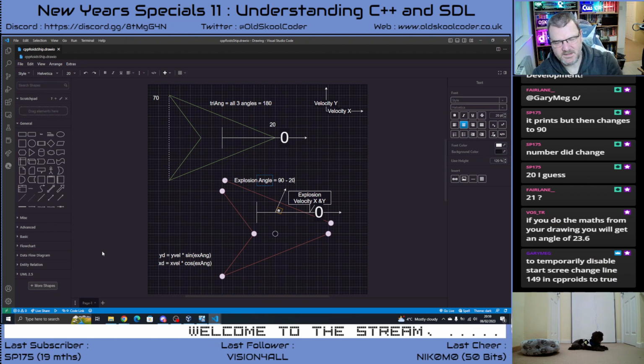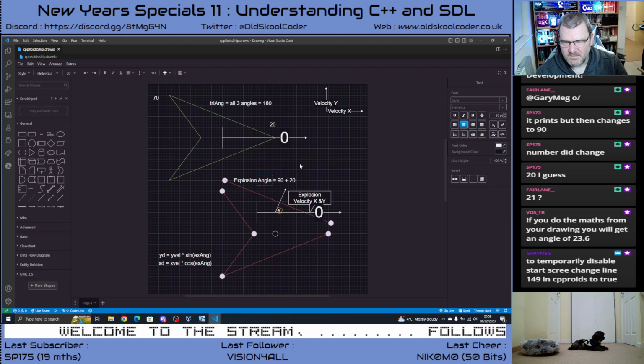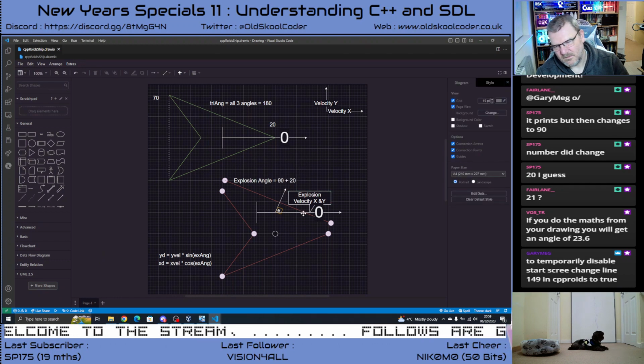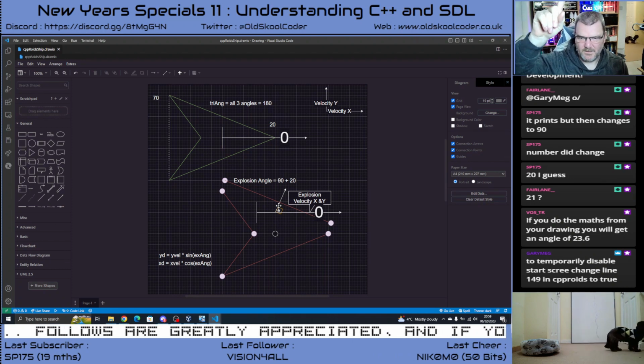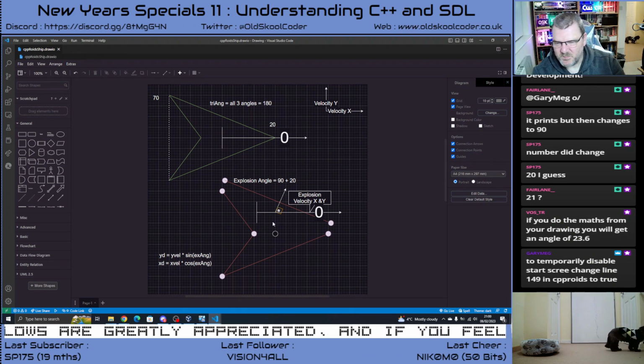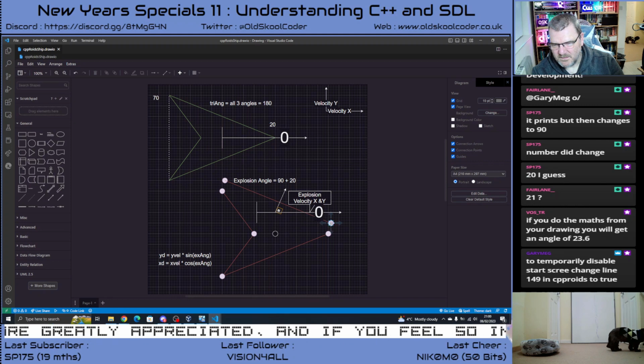So that's a 90. That's adding 90 degrees. Yeah, because then when that becomes straight, we want it to go 90 degrees up. So this point would go in that direction, 90 plus 20, and same with that one.